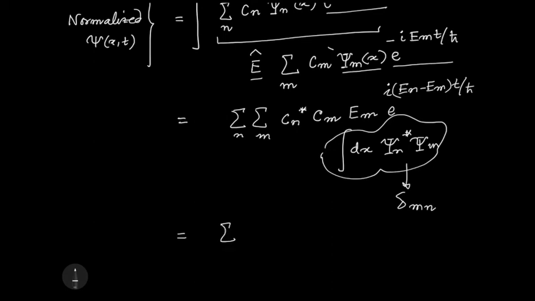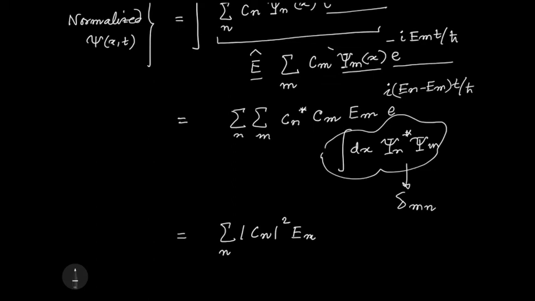Again, remember that just like previously I had C1 plus C2 and C1 star plus C2 star, the cross terms where one has 1 and the other has 2 are all 0. So here I will just get the same terms, n equals n terms, so this will make this a square. I will get Em again, En again, so m equals n.